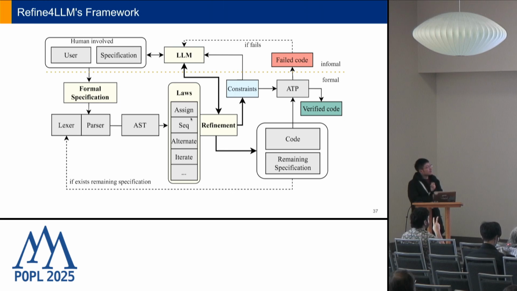And based on the code and the law, we will use the refinement module to generate the constraints to verify the code. We will use the automatic theorem provers with some SMT solvers to formally verify the code. If the code fails to verify, we will send the feedback to the LLM to generate another code. But if it always fails, we will change it to a new law. And we will refine it until all the specifications get refined.